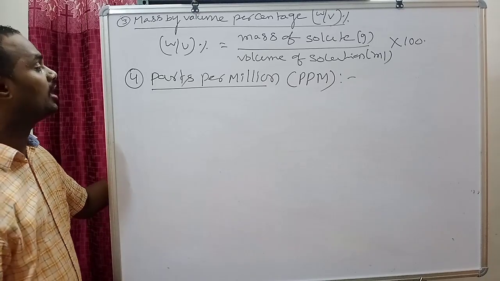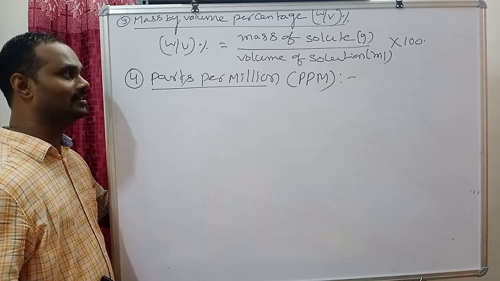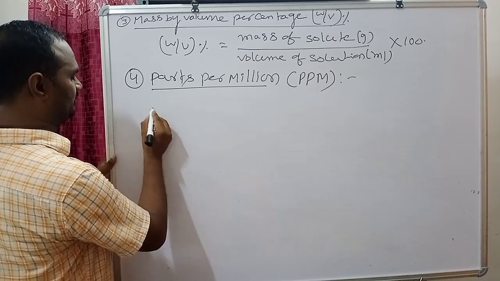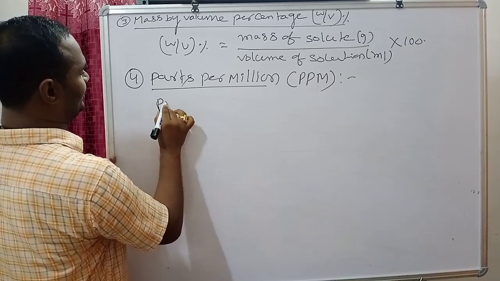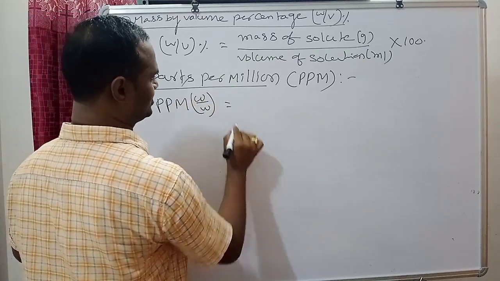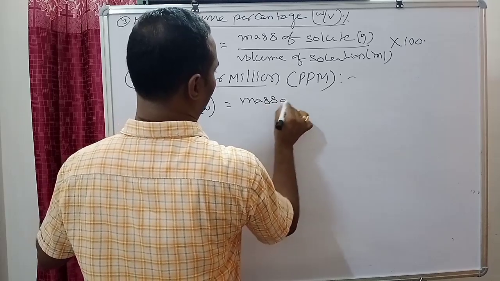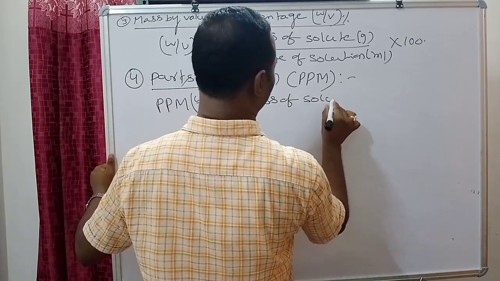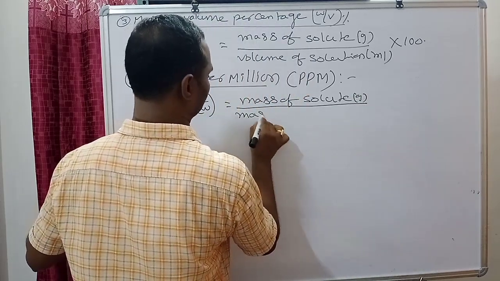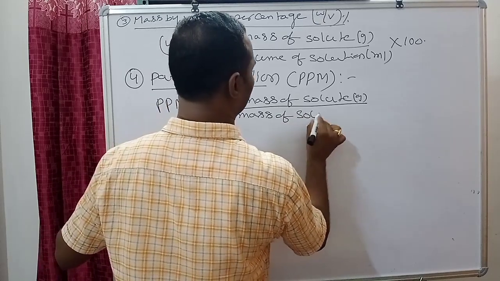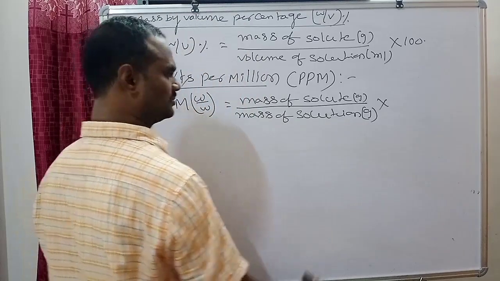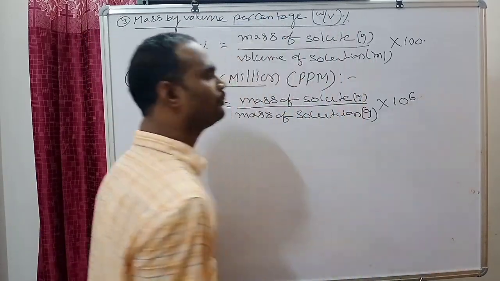Now come to parts per million in different formulas. ppm W by W is mass of solute in grams by mass of solution in grams into 10 power 6.